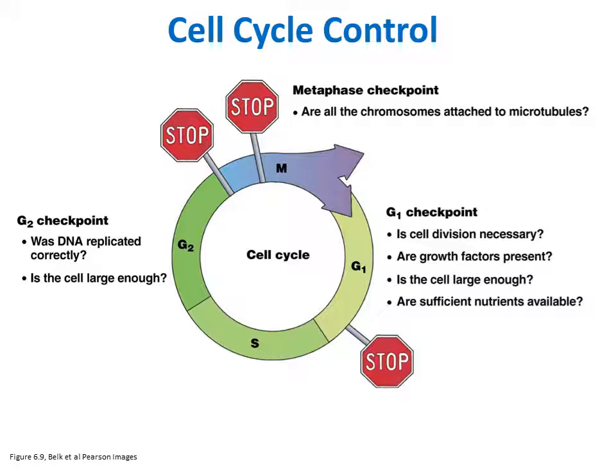Once it's entered into mitosis, at the metaphase plate is another serious checkpoint in which all the chromosomes have to be attached to the microtubules appropriately, otherwise you'll get an inappropriate number of chromosomes in one cell versus another cell, such that the end result will not be two identical daughter cells, but daughter cells with different numbers of chromosomes related to one another and different from the parental cell.